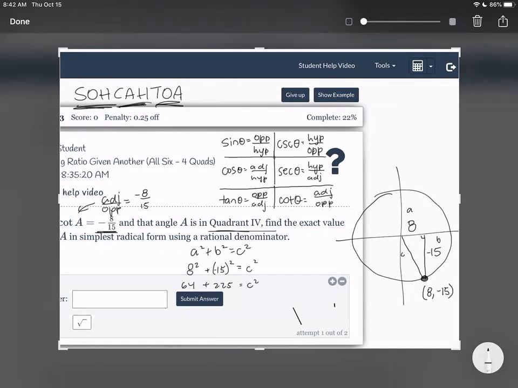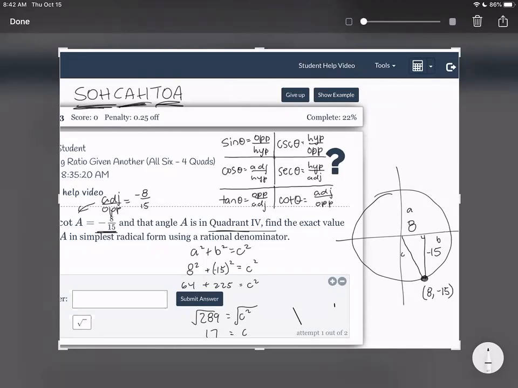Did I do that right? I'm so sleepy right now. So you add 64 and 225 and you get 289 is equal to C squared. Then we square root, and we get 17 is equal to C.